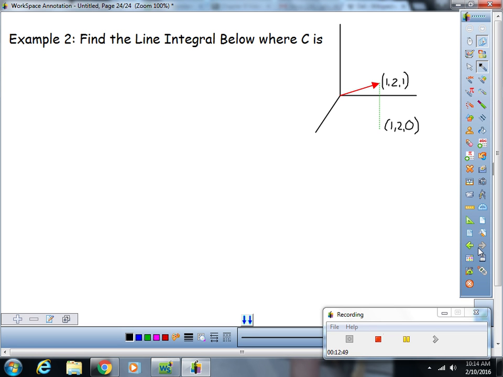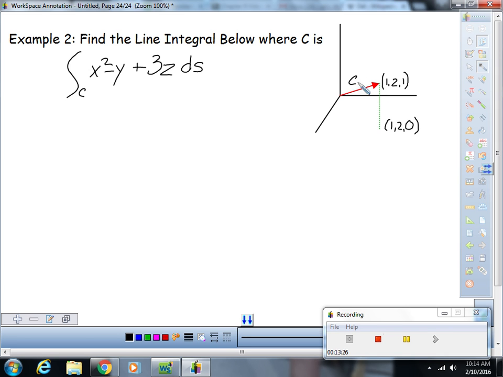So let's do the line integral. It looks like a curve integral of x squared minus y plus 3z ds, where C is a straight path that goes from the origin to the point 1, 2, 1.